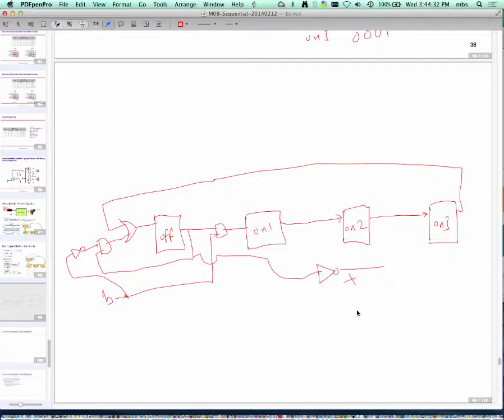Is off essential? That's basically what you're asking. And the answer is, yes it is, because otherwise I may be in one of the other states and you may accidentally fire it. So in this particular case, you cannot do that optimization, although it may be possible in other examples.